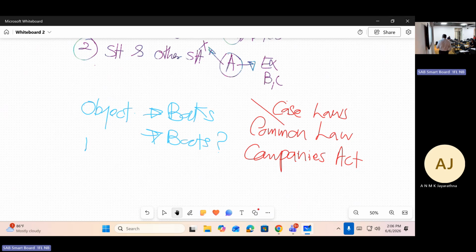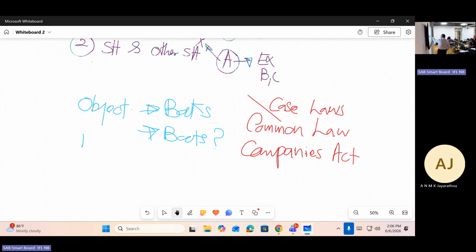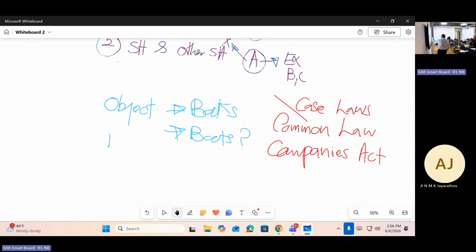In this case, the court held that if the company engaged in a contract beyond its objects, here the objects of this company being manufacturing and selling goods, then this contract could be treated as a void contract.